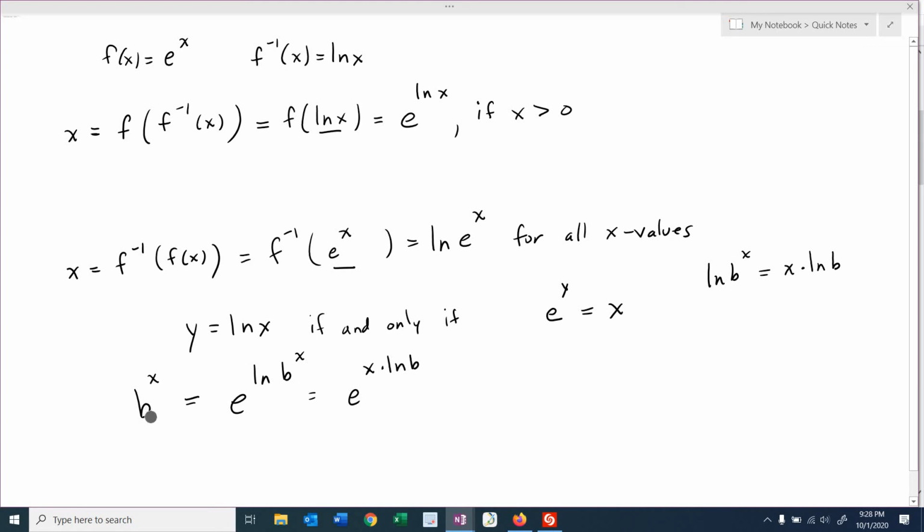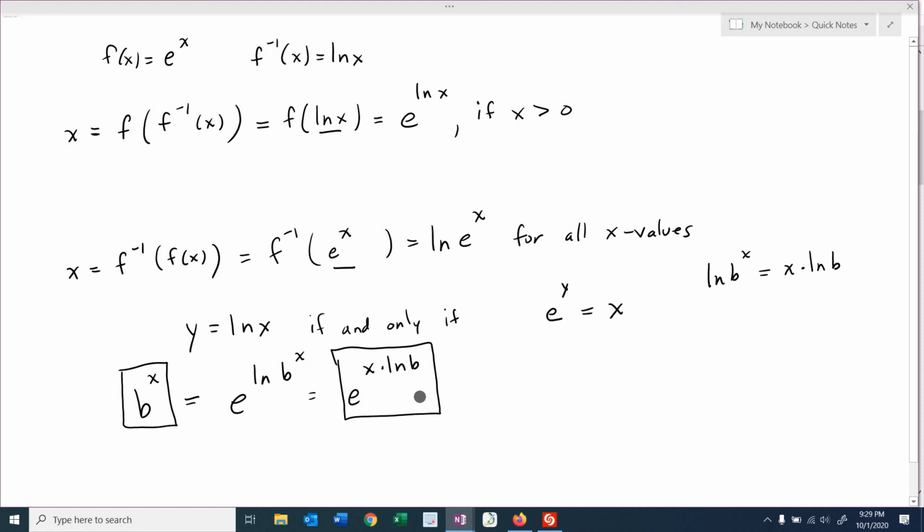Okay, and we're going to use this later on. There are times where we're going to take an exponential function with some base, like b to the x power, and we're going to rewrite it so that it looks like this. The reason we're going to do that is because it's easier for us to find the derivative of this function as opposed to this one. So it's nice to write this in this way.